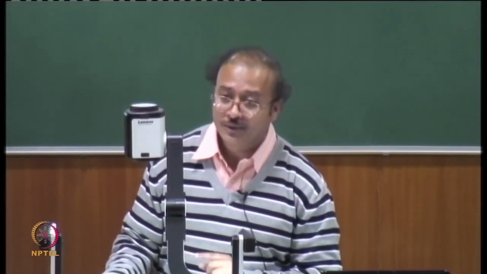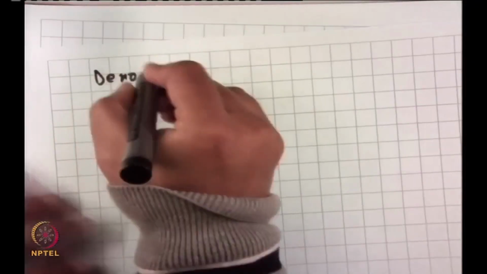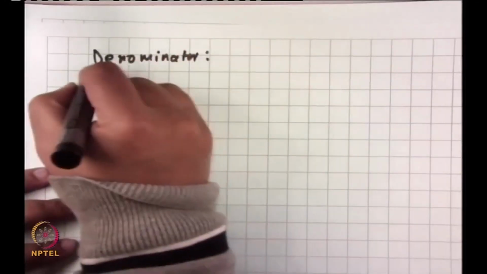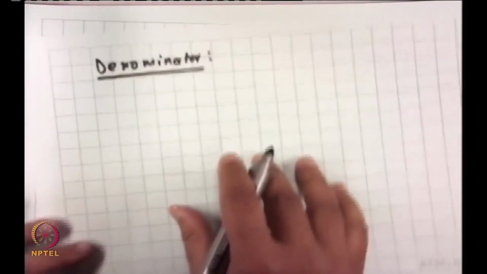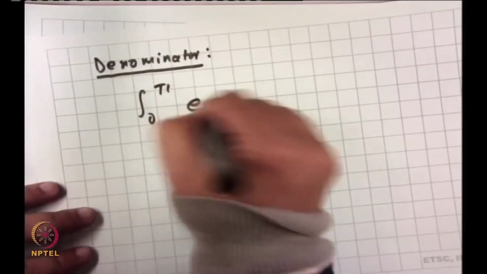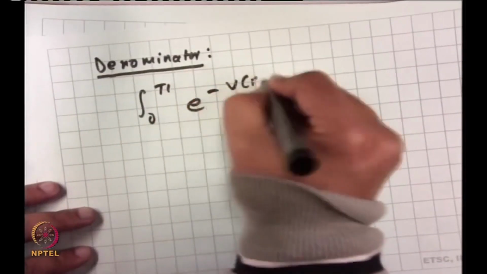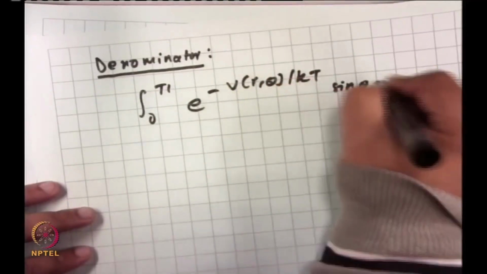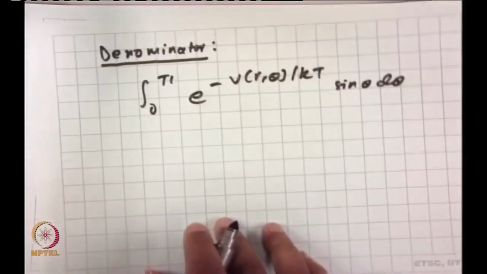But what we will do is, now we will look at the numerator and denominator separately, right. So let us look at the denominator of your integral. So the denominator is 0 to pi, again I am writing e to the minus V of r, theta by kT, sin theta d theta, okay.